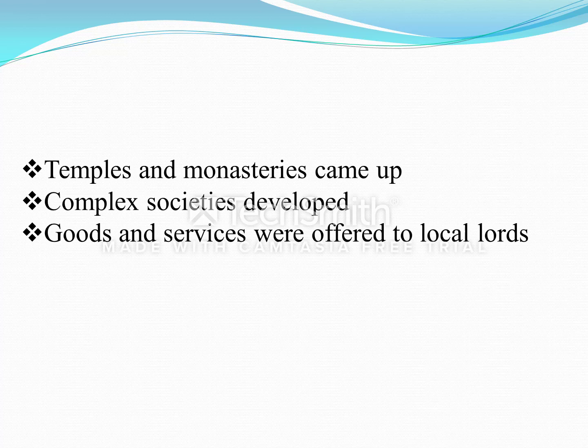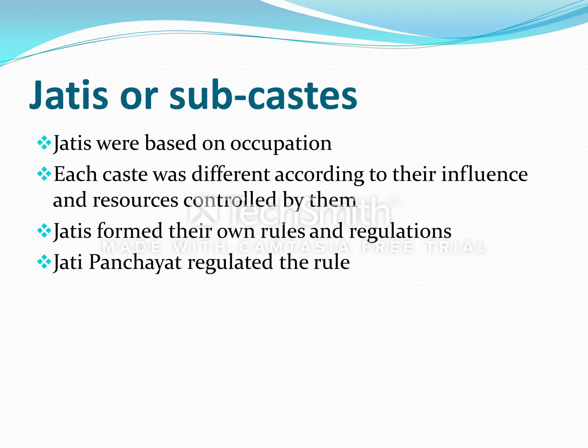The society started paying tax. Goods and services were offered to local lords. People grouped under Jatis and sub-castes developed. Jatis and castes were ranked on the basis of their background and occupations.